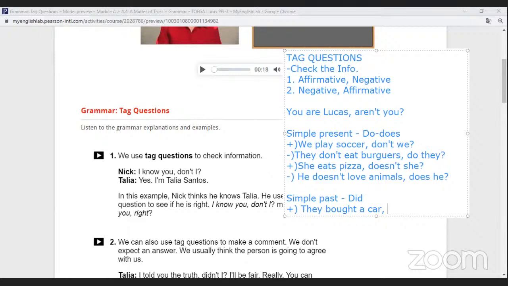So in this case, what do I have to put in the tag question? They bought a car. So we put the negative, right? So, didn't they? Exactly, very good.